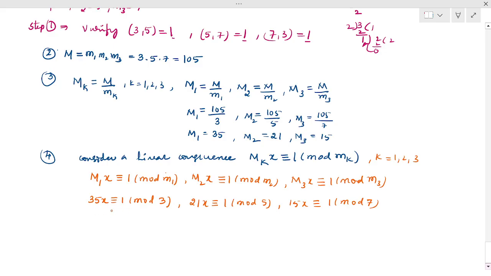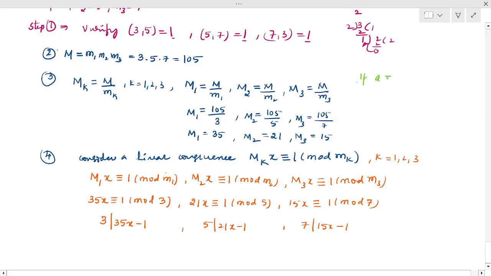As we know the definition of congruence, if ax is congruent to b mod m, then here 3 divides 35x minus 1. Here 5 divides 21x minus 1. Here 7 divides 15x minus 1. I will explain here, just concentrate. What is the definition of congruence?